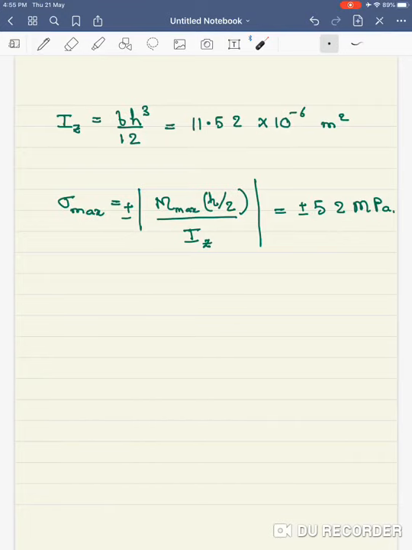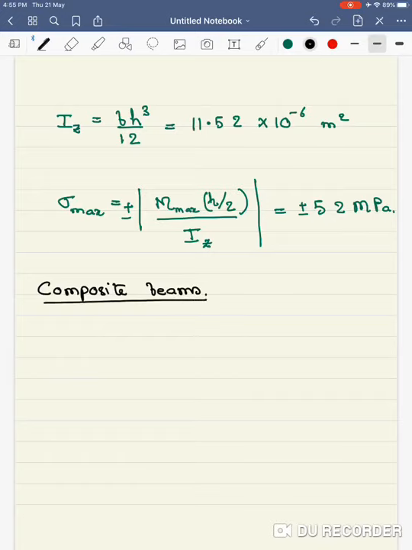Okay, where are we now in time? The next topic, which I'll just introduce and we'll complete in another lecture, is the topic of composite beams.